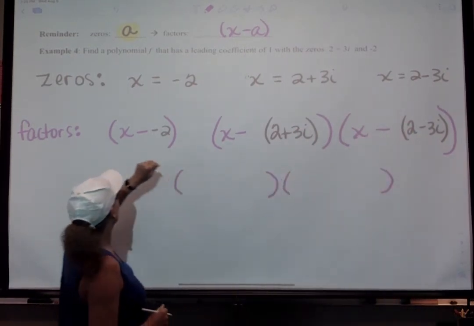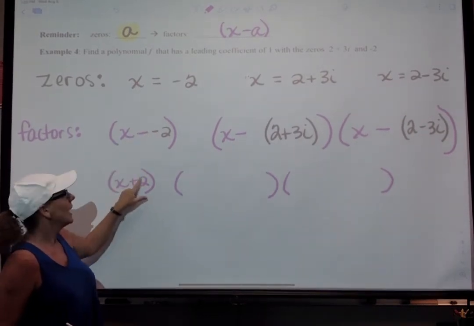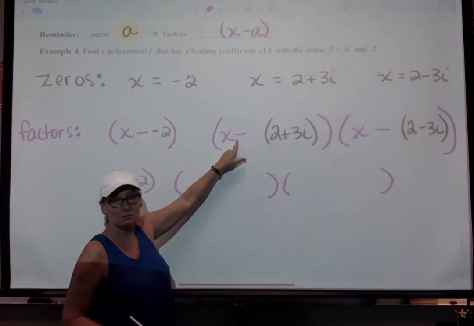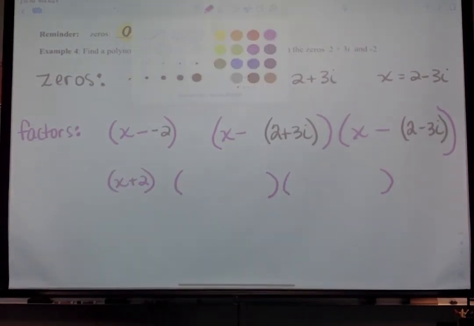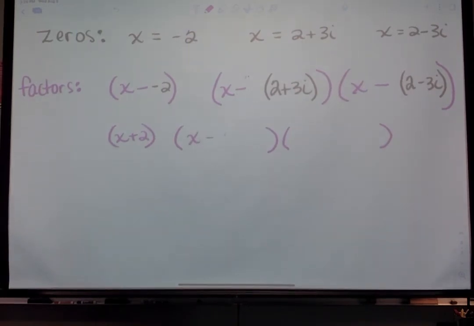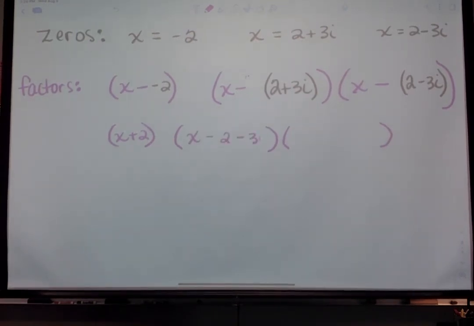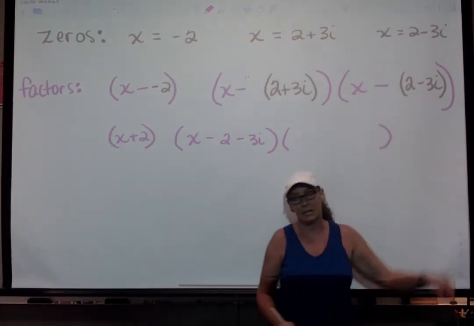Ready? How do I simplify this one? I write it as x plus 2. How do I simplify this one? Distribute my negative. How do I simplify this one? Distribute my negative.